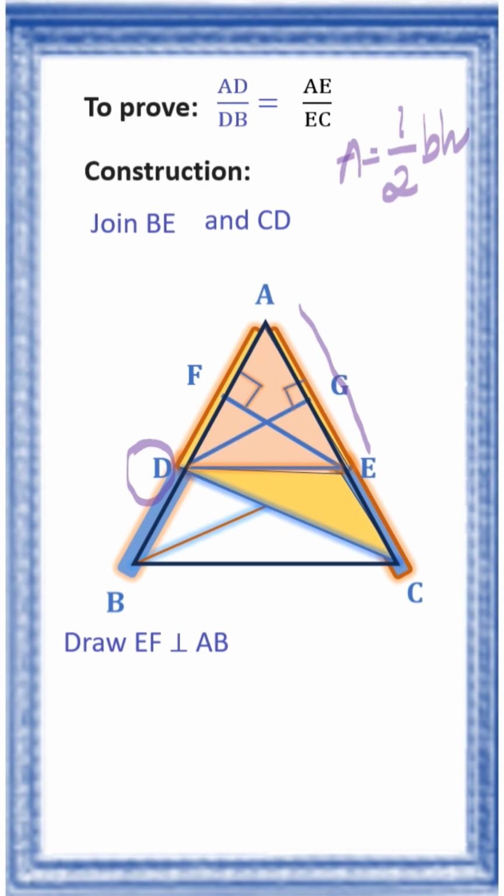Which perpendicular? DC. So now draw not DC, DG. So now draw DG perpendicular to AC. Now what will you do? So now we have all the construction parts. Okay. I hope you have understood this concept.